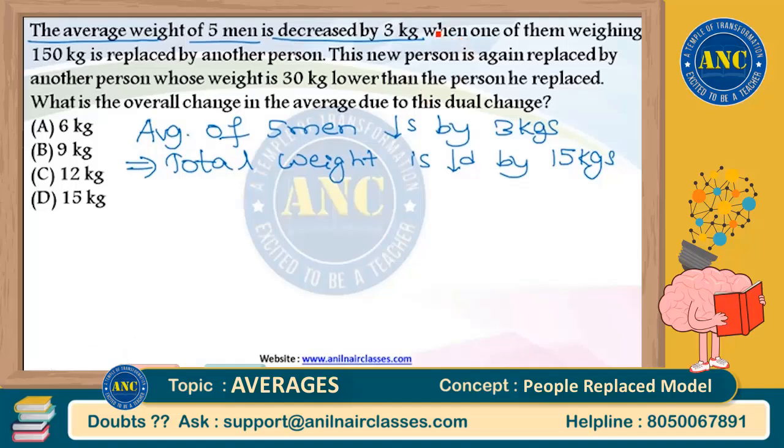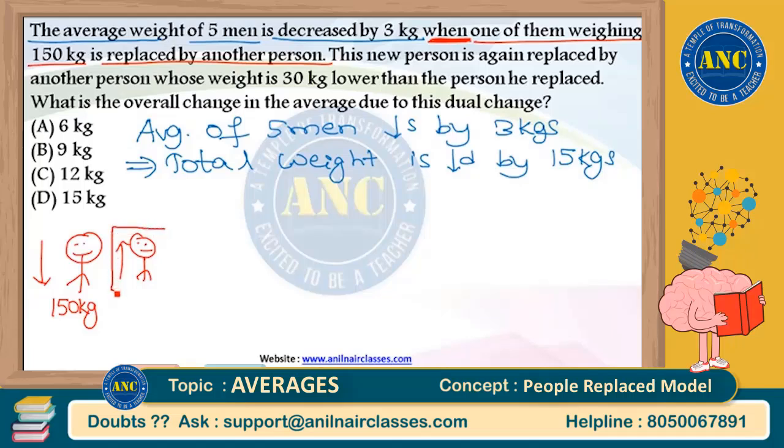Continue reading the question. Average of 5 men is decreased by 3 kgs. When is it decreasing? When one of them weighing 150 kgs is replaced by another person. He will go out, another person will come inside, right? Only when this decreases by 15 kgs.